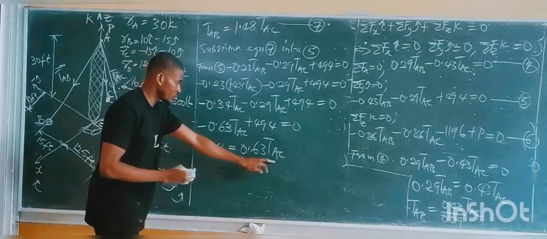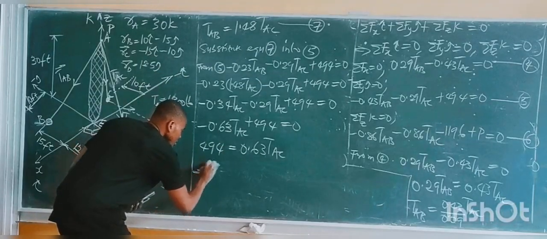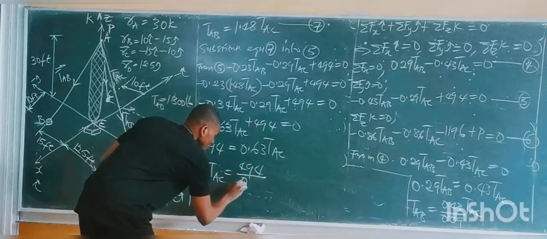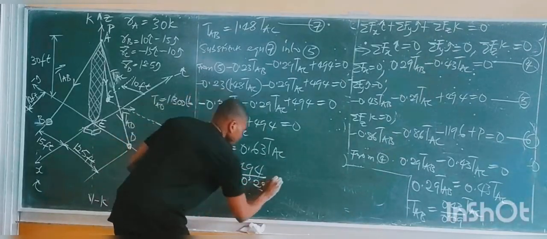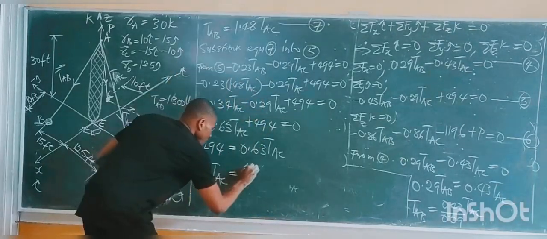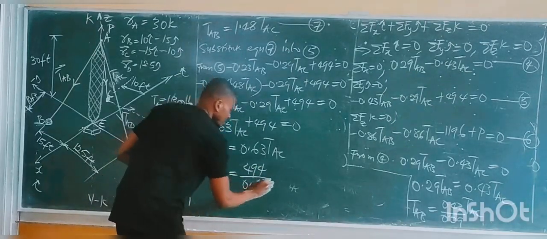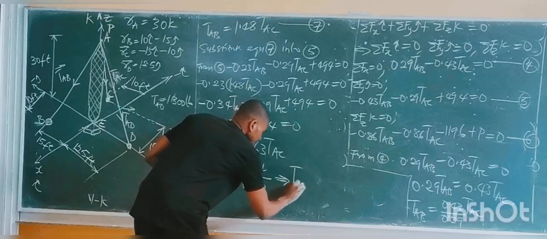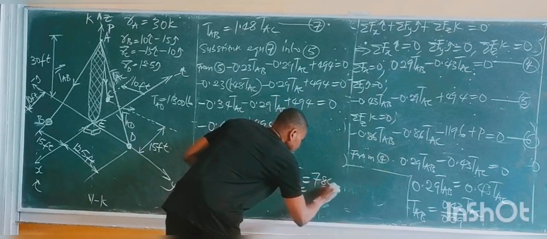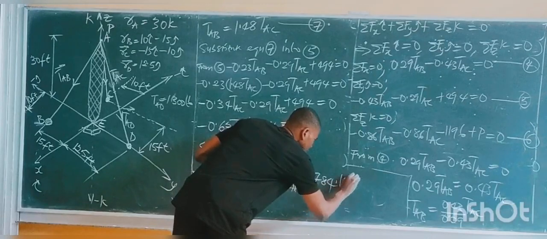Therefore, to find the tension in the AC, divide both sides by 0.63. So TAC is equal to 494 divided by 0.63, which is 784.12 pounds.